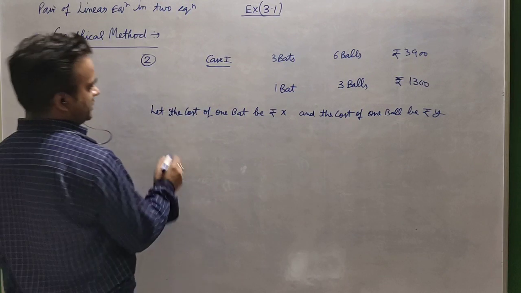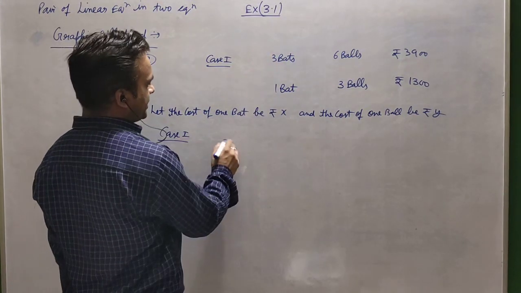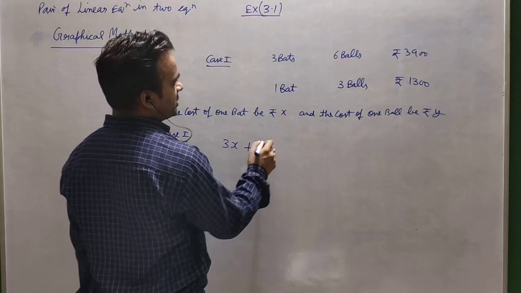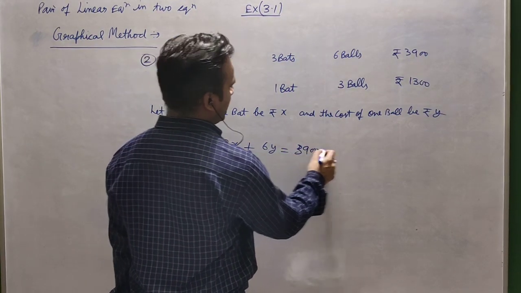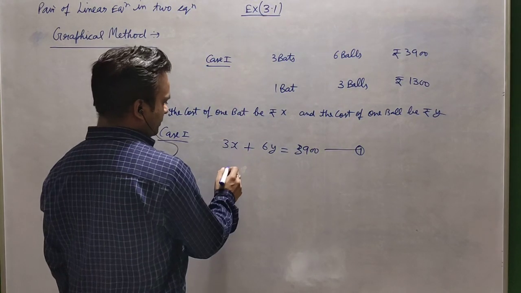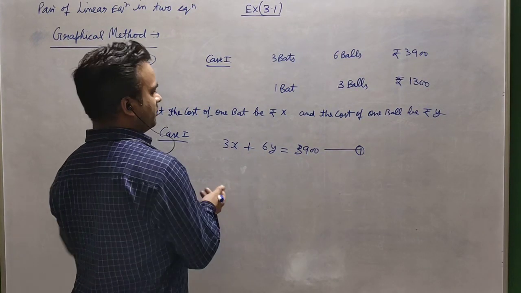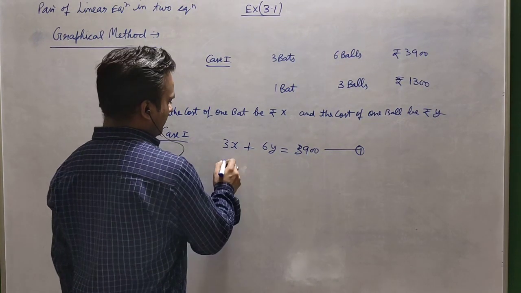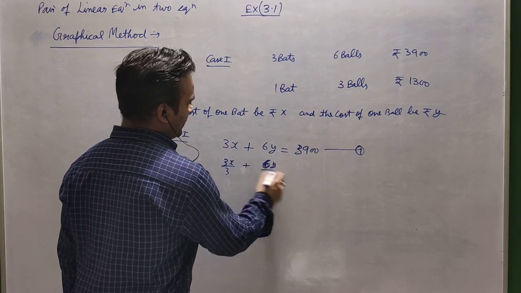So according to the first case, what is the equation? 3 bats means 3x rupees, 6 balls means 6y rupees, and total amount they are spending is 3,900. So this is the first equation, and you can simplify it also. You will divide each term by a single number. So you can see we can divide it by 3.